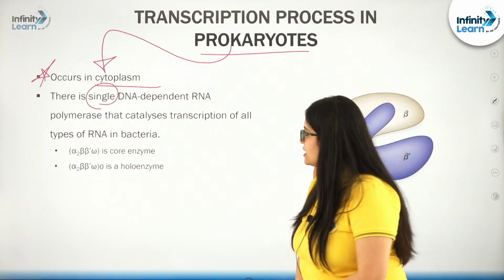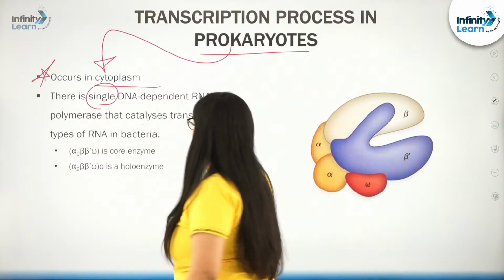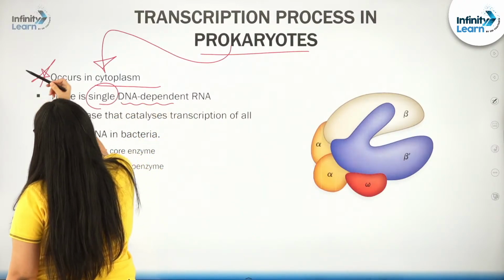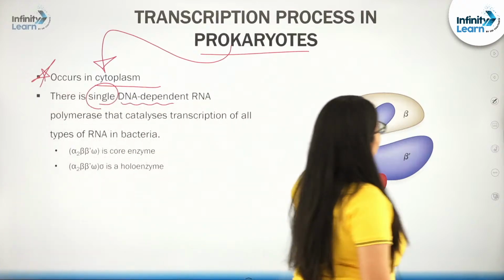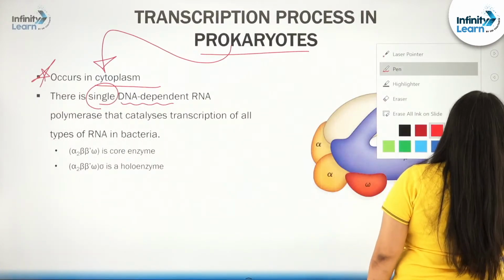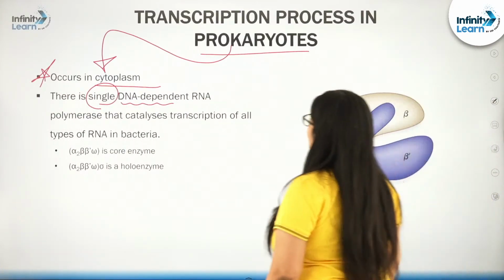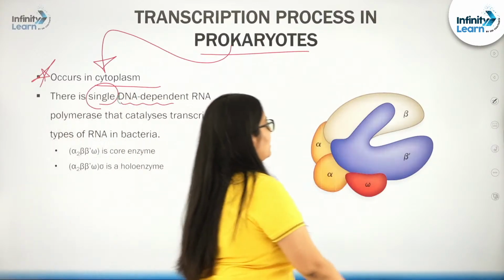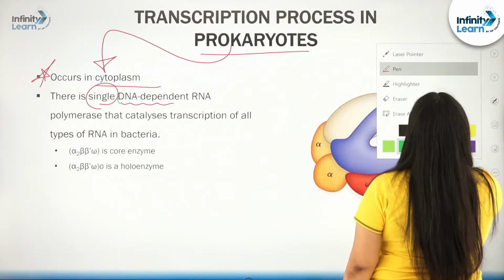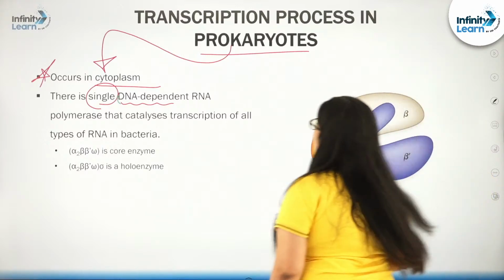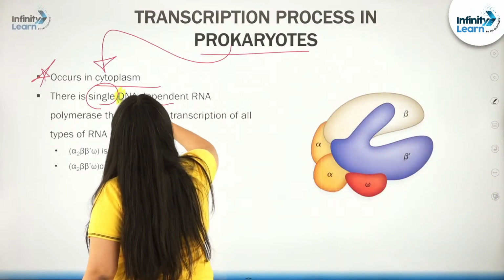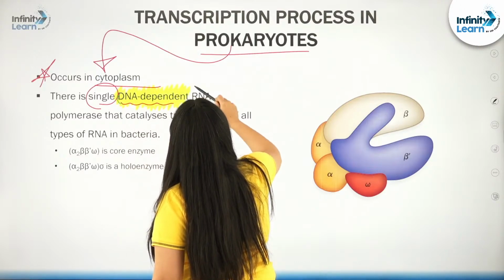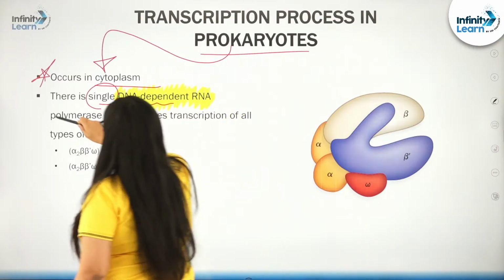Now see students, this enzyme, let me highlight it for the visible benefit, it will be better. So we are talking about DNA dependent RNA polymerase.